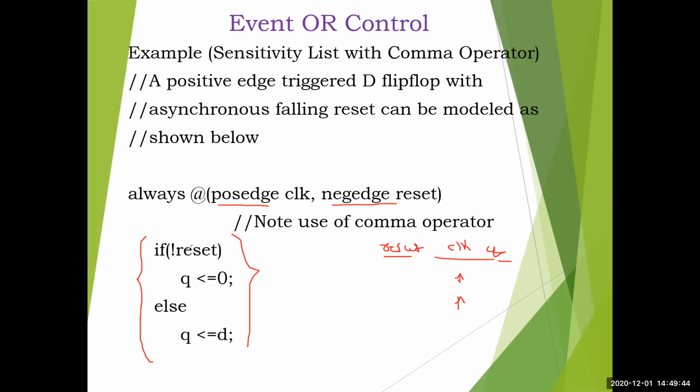So if reset is equal to 1, 1 means not of 1, so not of 1 is 0. So 0 means this will be executed. Reset is 1 in this case; reset is 0 means not of 0 is 1, so the true statement will be executed. This is the same way of doing the design.